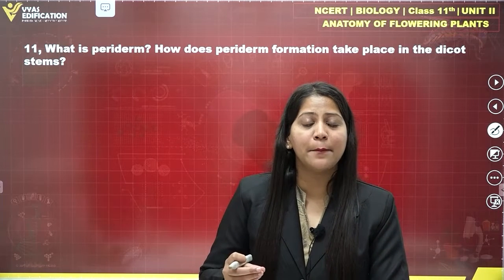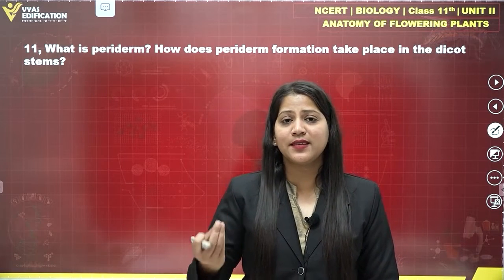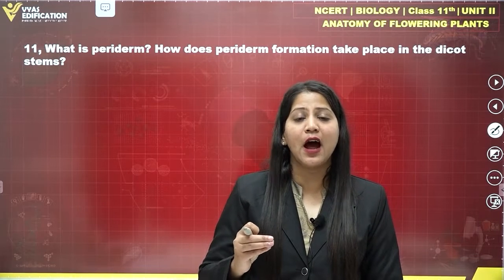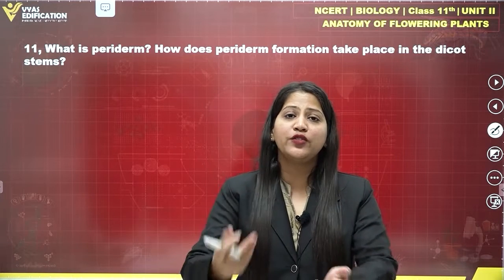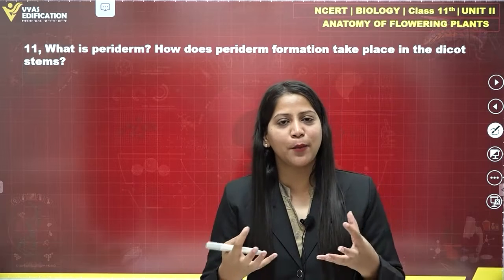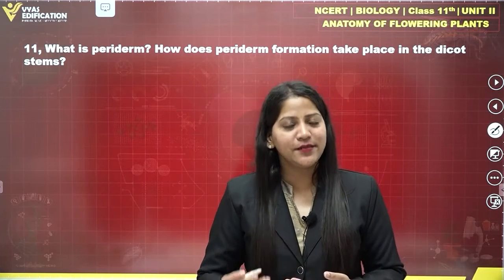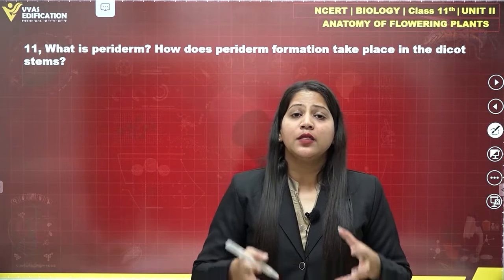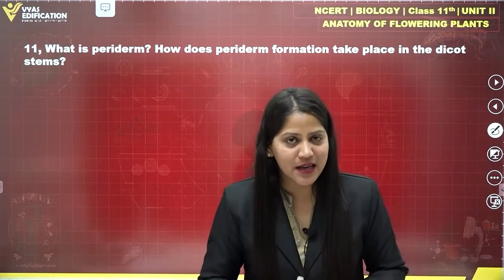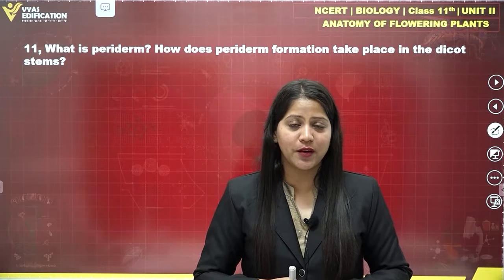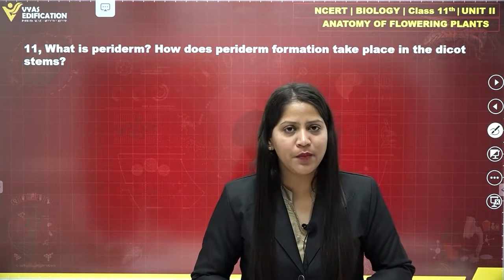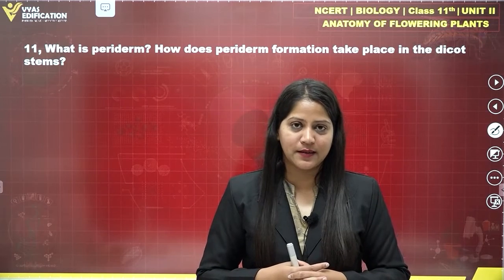The cells formed on the outer side are known as phellem, which are suberized and have some depositions of tannins and are dead cells. The cells formed on the inner side by phellogen are known as phelloderm or secondary cortex.